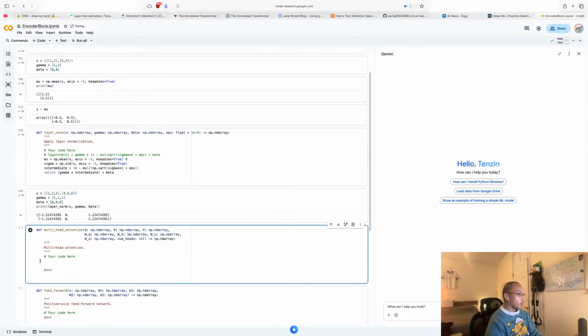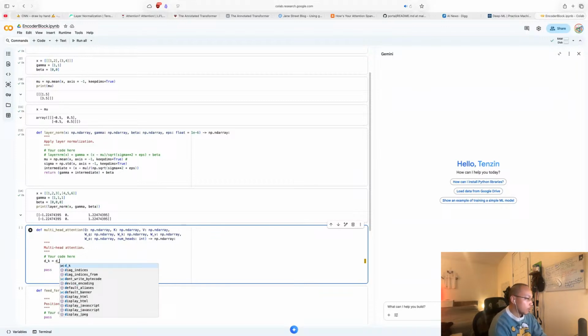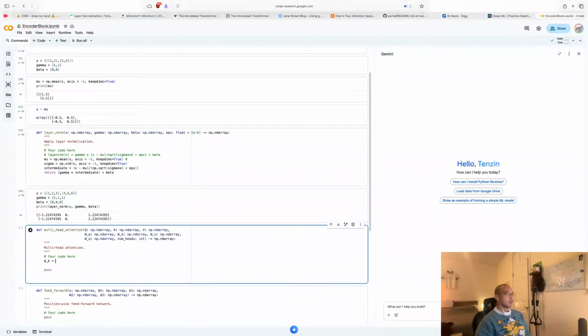So let's try to remember, what does multi-head attention do? Yeah, so first you decompose it into dimension of k equals to dimension of... actually, no, I don't really need to do that as well.